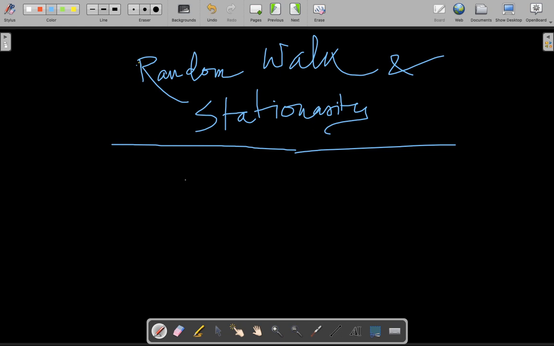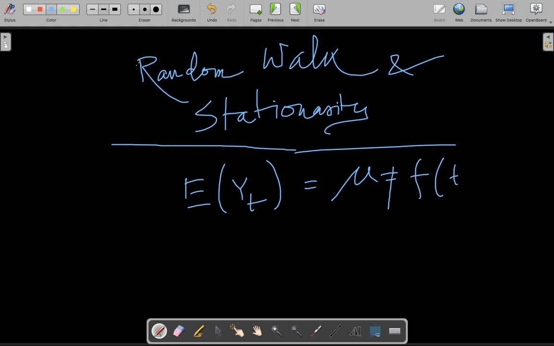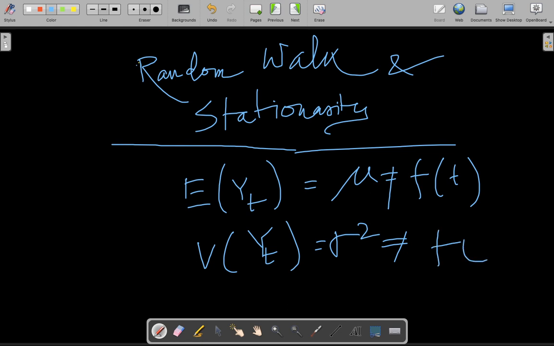One was that the mean value of the time series should be equal to some constant, which is not a function of time. Similarly, the variance should be some constant which is not a function of time.